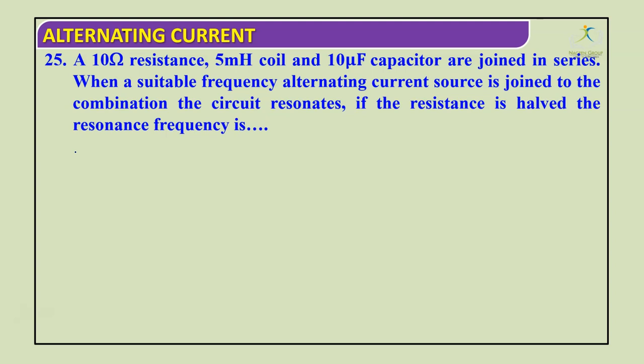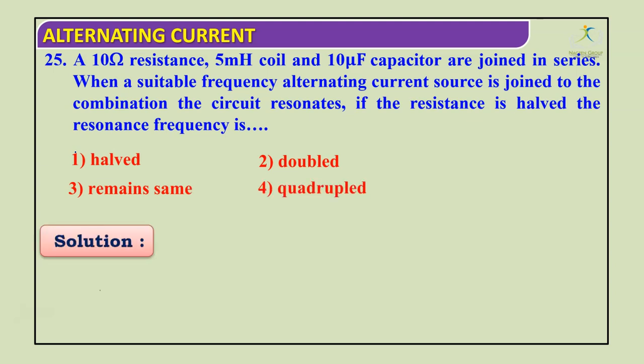If the resistance is halved, the resonance frequency is: half, double, remain same, or quadrupled? So f is equal to 1 by 2 pi times 1 by under root LC, which is independent of R. So this will remain the same.